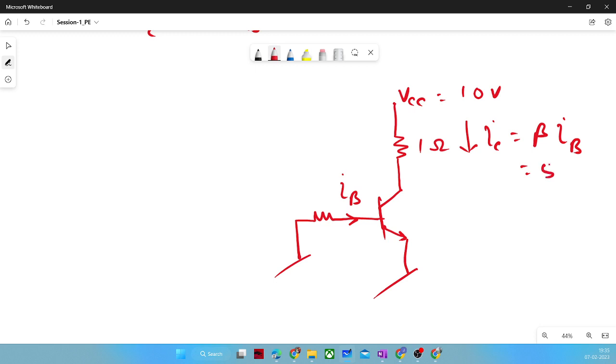Let us assume IC is 5 ampere here, beta of this transistor is 100, and IB is 0.05 ampere. So beta IB is 5 ampere, and RC is 1 ohm. Generally, it will be milliohm. Just for simplification's sake, I am taking 1 ohm.